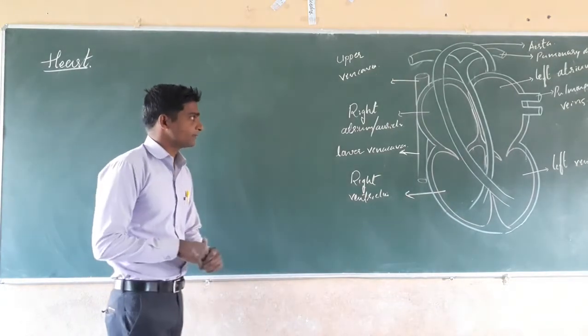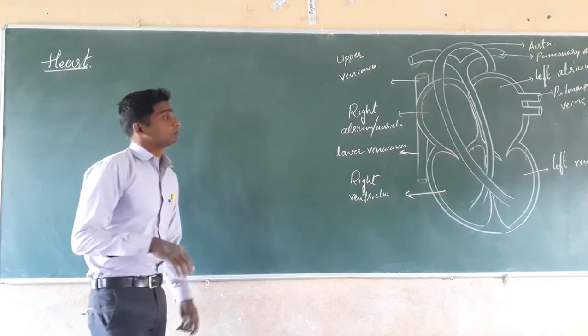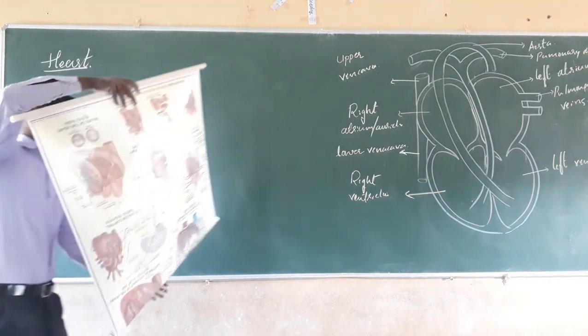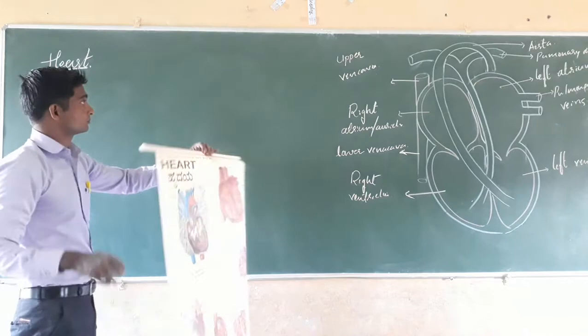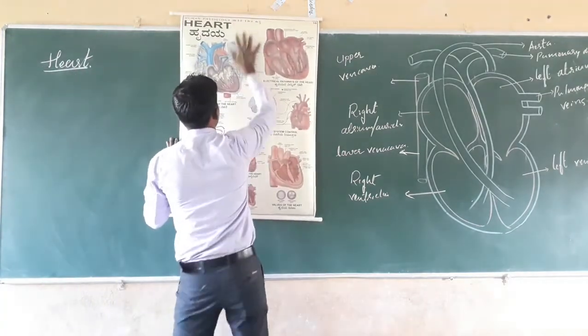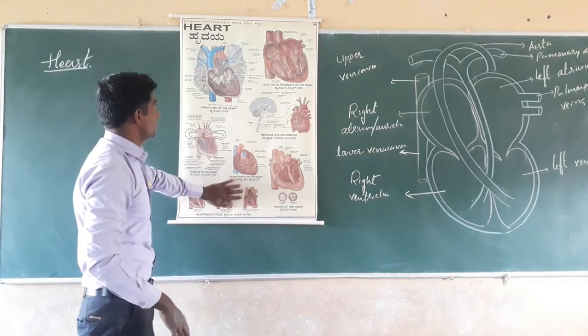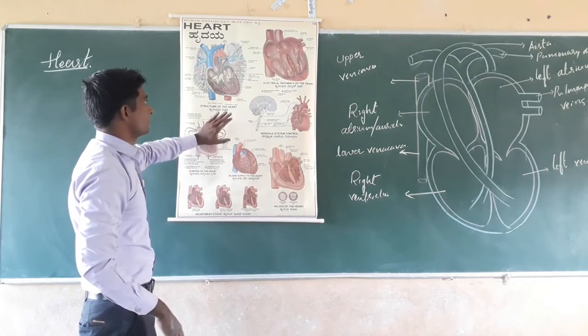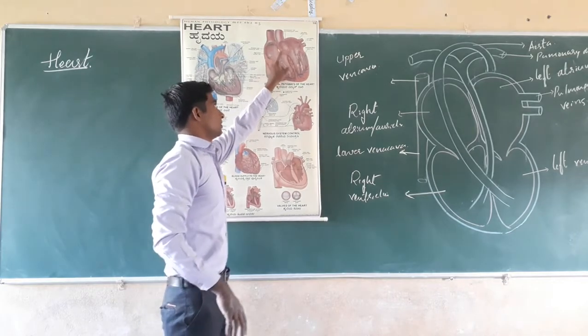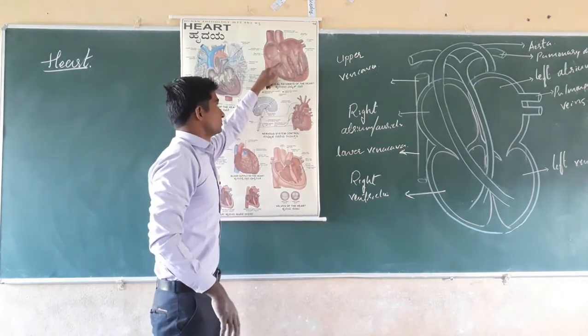Dear students, also I will show you the chart. Human heart is having four chambers, two upper chambers and two lower chambers.